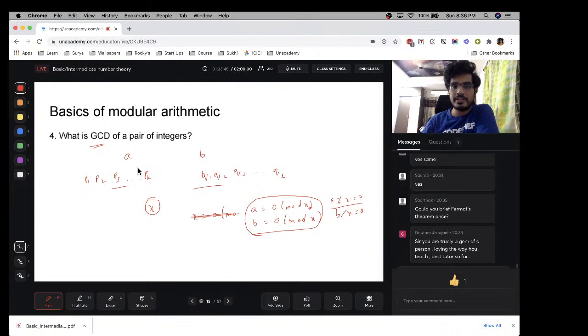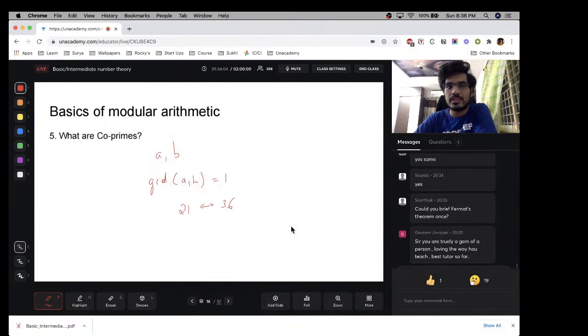GCD of a pair of integers is the largest x such that a equals 0 mod x and b equals 0 mod x, the largest number which divides both a and b. We also learned coprimes, where GCD of a and b is 1.